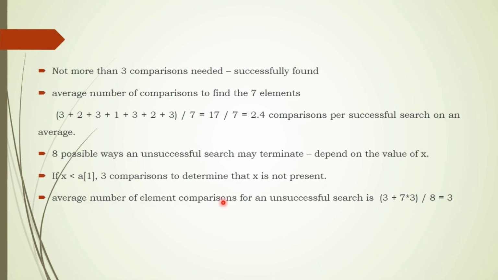So the average number of element comparisons for unsuccessful searches is 3, for each of the 7 values with 3 comparisons each. Totally how many values are we checking? n plus 1, that is 8. So 3 comparisons are needed to declare it is not found. Only for that example it may change.